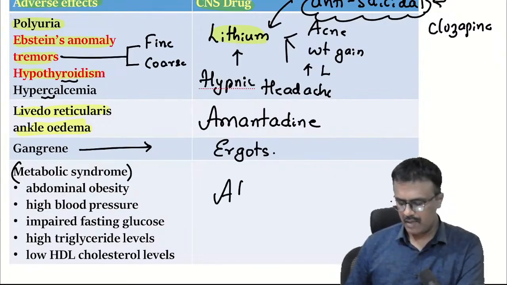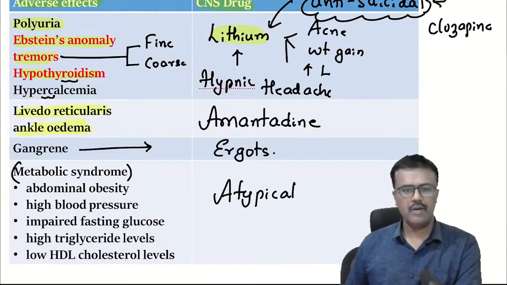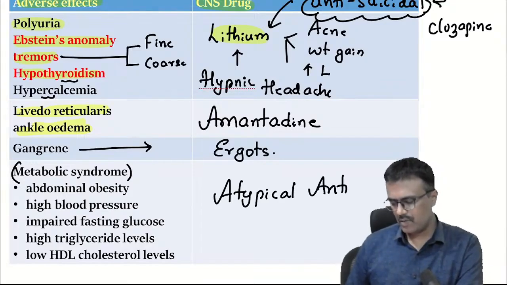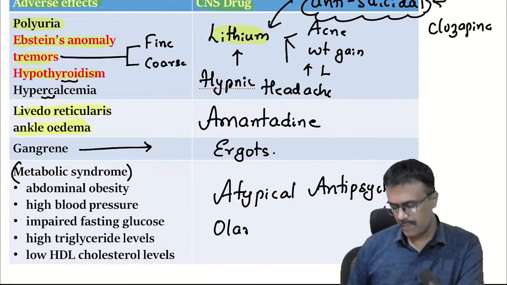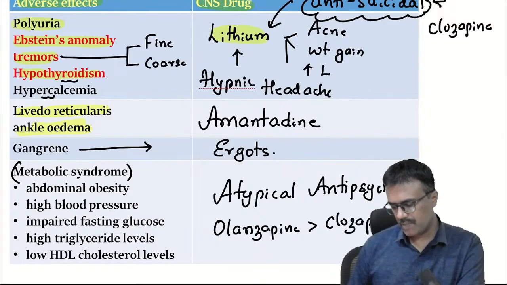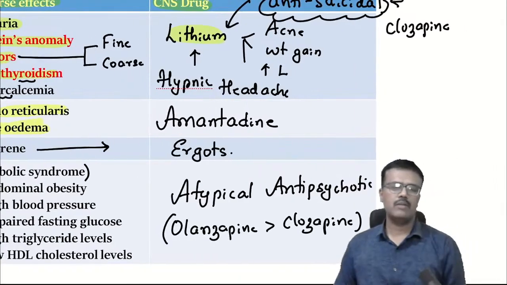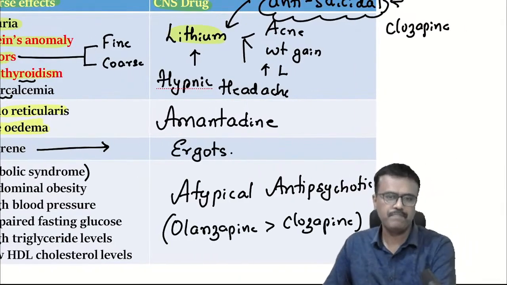They are atypical antipsychotics. Can you tell me some atypical antipsychotics? Your famous olanzapine. So olanzapine causes more weight gain compared to clozapine. So the risk of metabolic syndrome is more with olanzapine and clozapine.